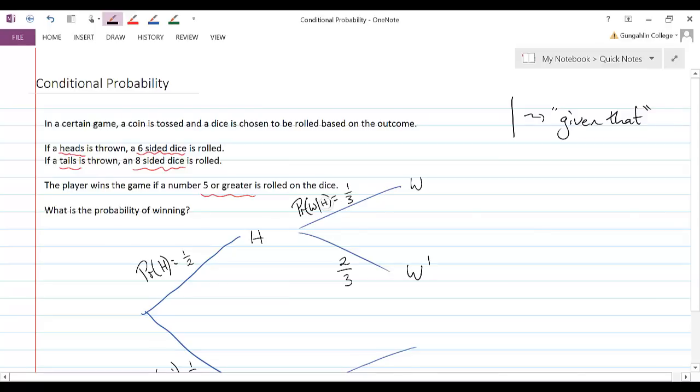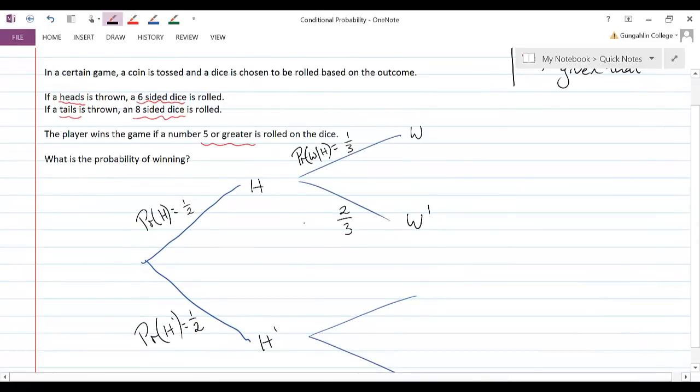Well, if I got a heads the first time, then my probability of winning is 1/3. And it is important the order you do this. The probability of this is the probability I'm looking at, given that this thing's already happened, given the condition I got a heads. So this is how we write conditional probability. Similarly, the probability of not winning given I got a heads is 2/3.